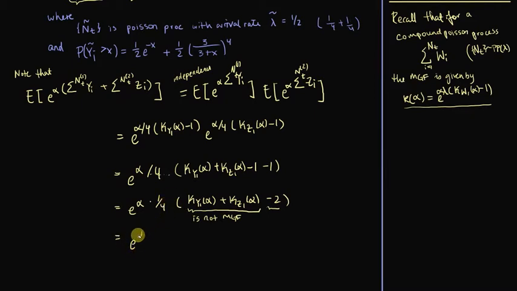So you have e to the alpha multiplied by 2 divided by 4, and since you multiply by 2 on the outside, you divide by 2 on the inside, and then you get 1/2 multiplied by the moment generating function of y1 plus 1/2 multiplied by the moment generating function of z1 minus 1.